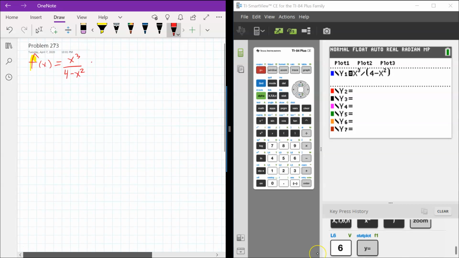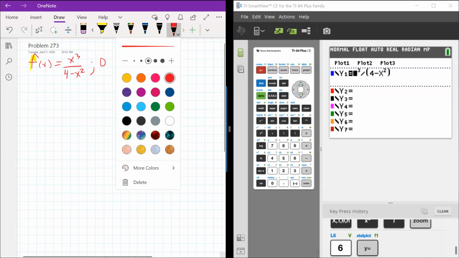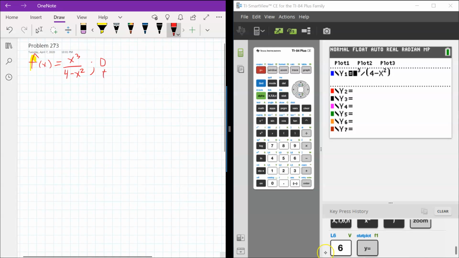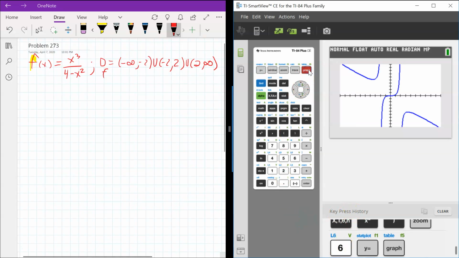And clearly the domain here is everything but plus and minus 2. And if we look at the graph of this rational function, it's rather interesting here.